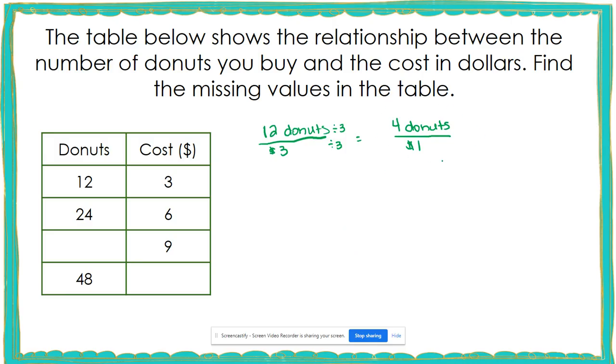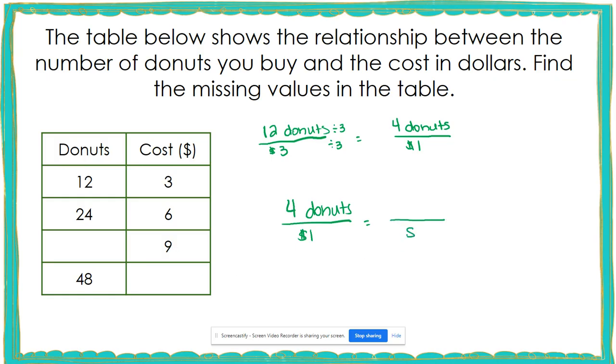So I'm going to use this rate to fill out the rest of my table. I notice that my second row is already complete, so I can skip to my third row. In this row, I don't know how many donuts I have, but I know that the cost is $9. So I'm going to use my rate, which is 4 donuts cost $1. And for this, I know that the cost is $9.